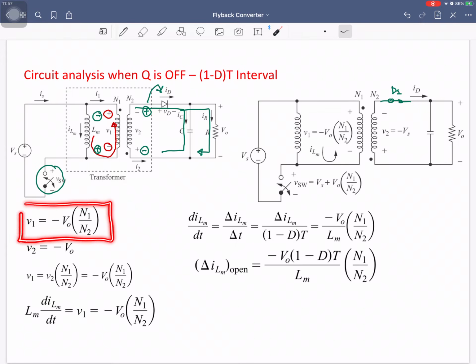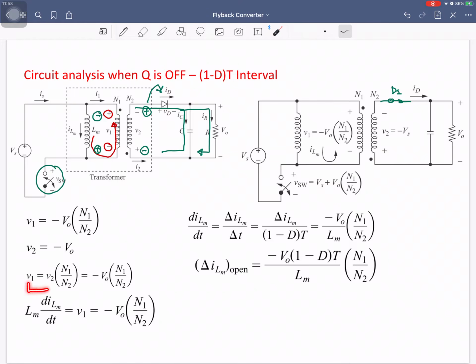So the voltage across the primary winding will be this one, and the voltage across the secondary winding is the load voltage, but with the opposite polarity with respect to the reference one. So V2 is equal to minus V0. Right? So V1 is equal to V2 into N1 by N2, and V2 is equal to minus V0.